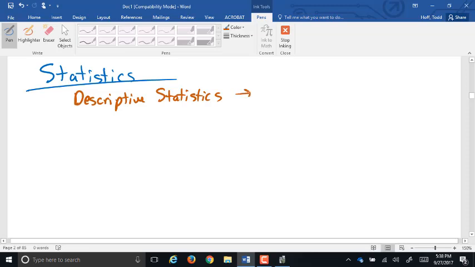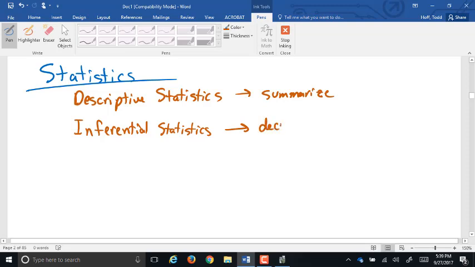Descriptive statistics are just for that. They're to describe or summarize what's going on. And then there's something called inferential statistics. Inferential statistics are used to make a decision or some sort of a conclusion.